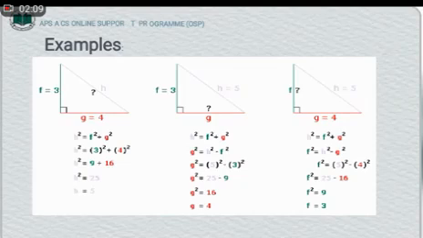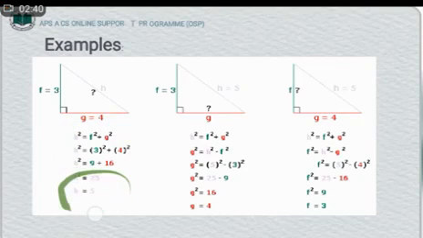Now we are going to solve a few examples in which we will find the unknown sides of a triangle. You can see in the first example the hypotenuse is unknown, in the second example the base is unknown, in the third example the perpendicular is unknown. So in the first example, as it is a right angle triangle, we will apply Pythagoras theorem, put the values and find the value of the unknown.